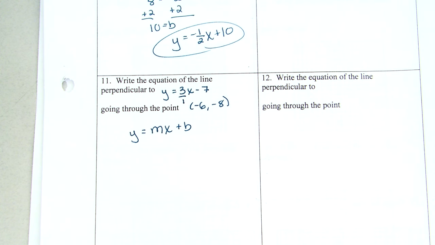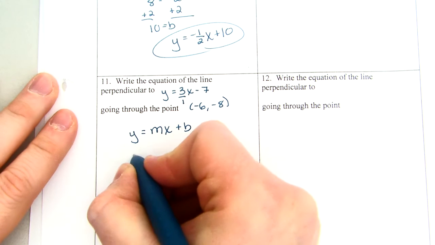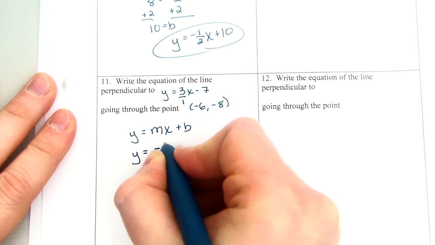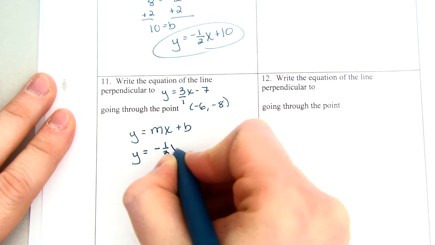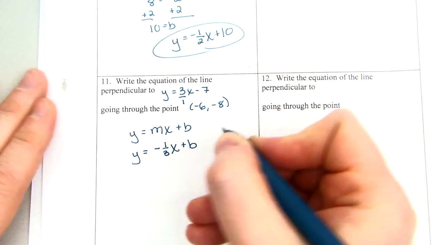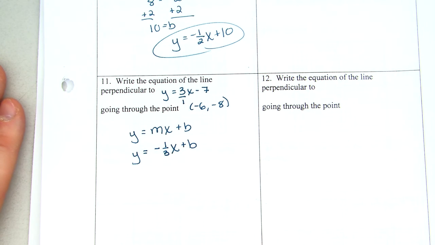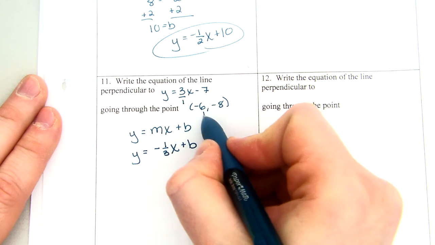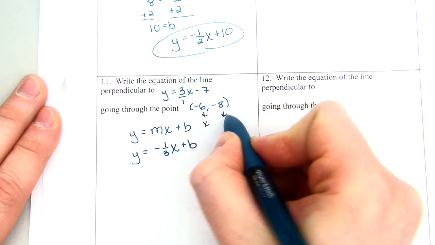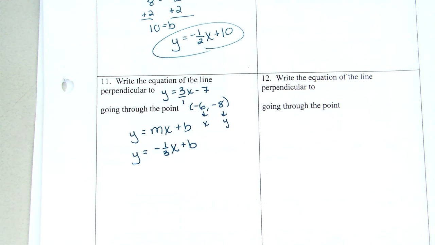Who can remind me what that new slope is going to be? Darius. Good. Flip it, make it 1/3, and change the sign. Opposite reciprocal, so it's going to be negative 1/3. So y equals negative 1/3 x plus b. Now use your x and your y, plug those in, and go find your b.